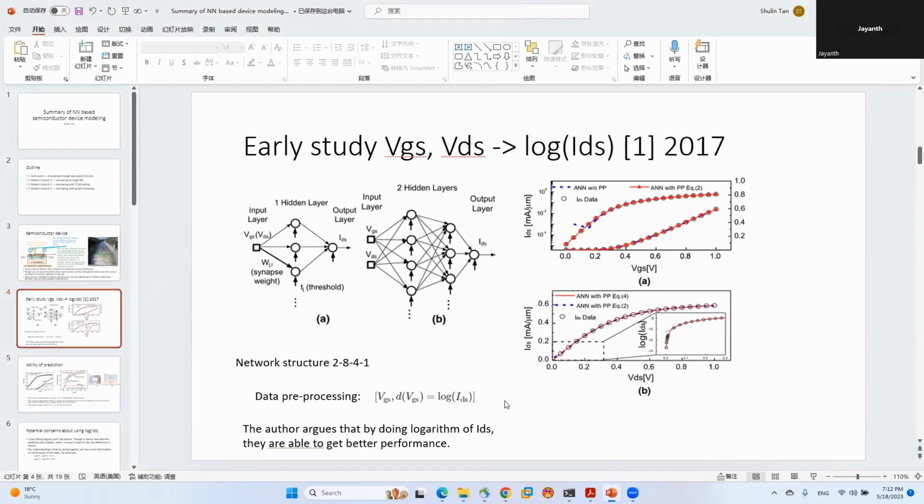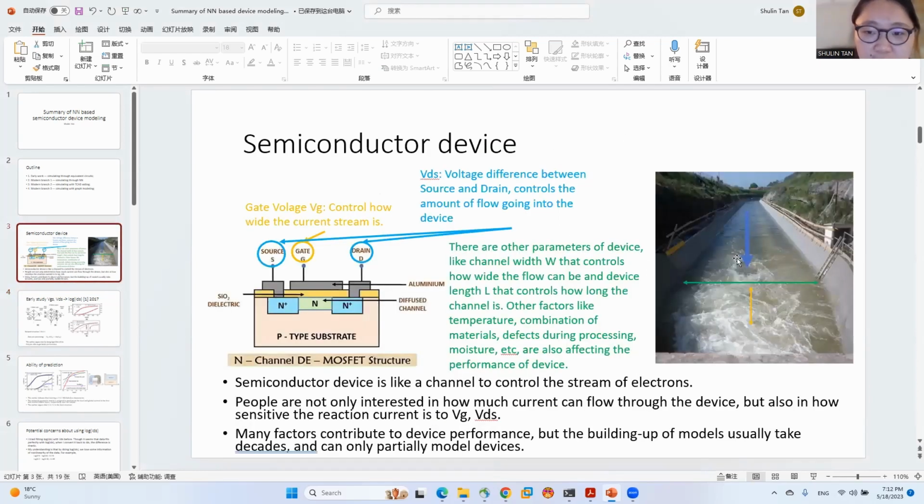But usually the development of this physical model is very hard, because you have the water level going up and down, and you have a current flowing in. How do you model the inflow of current with the changing of your water level, with the change of your high level water?